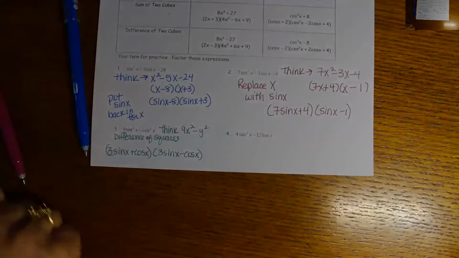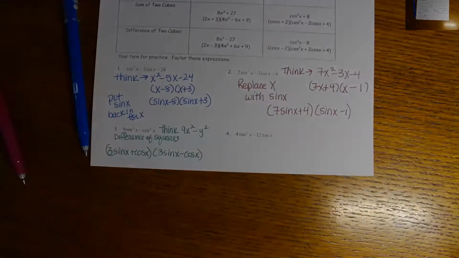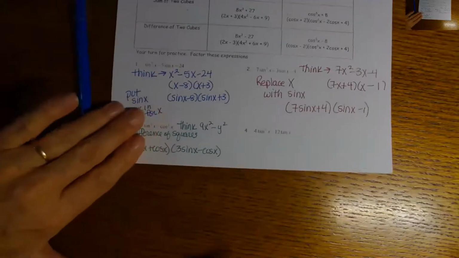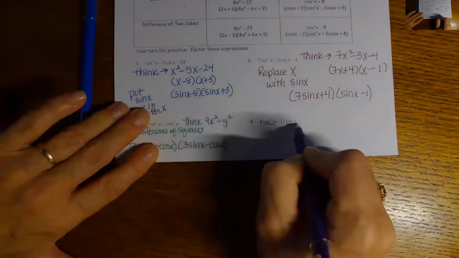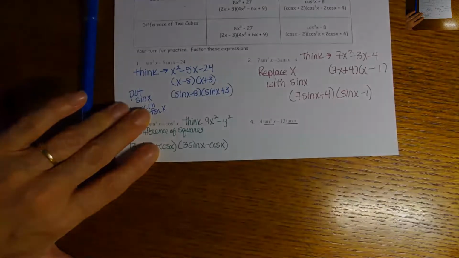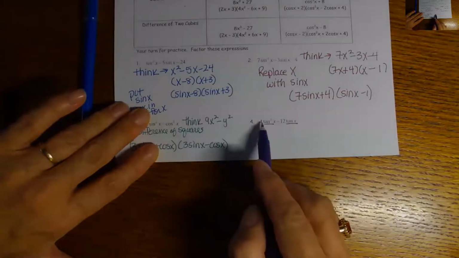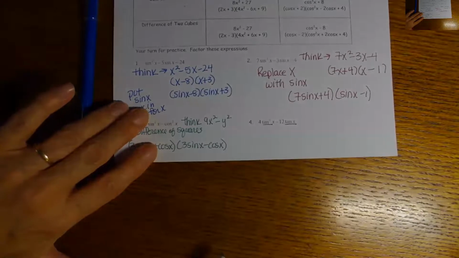Okay, what about this tangent guy? What can we do here? There's only two things, so it's not going to be a trinomial. What's our rule of thumb in math? What do we always try first with factoring? Greatest common factor, right? And especially if you see the word tangent, the same word twice, we know we could take out a tan. And then if you have 4 and 12, what can you factor out?